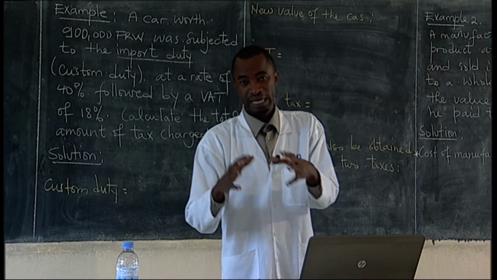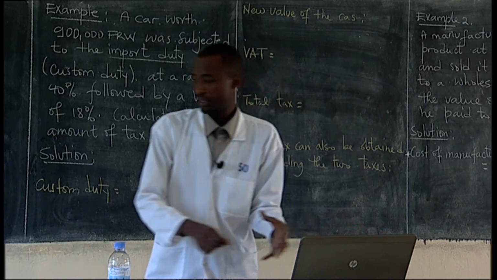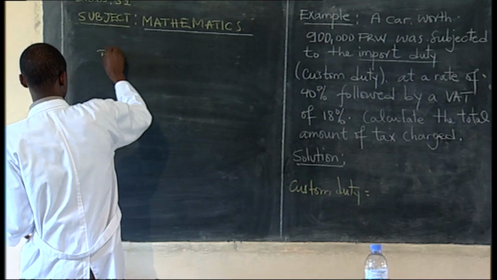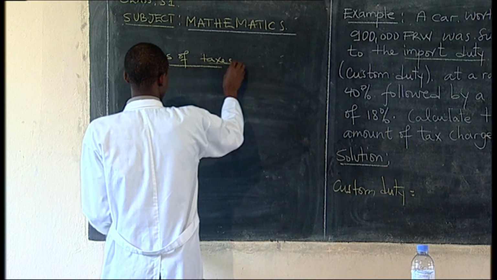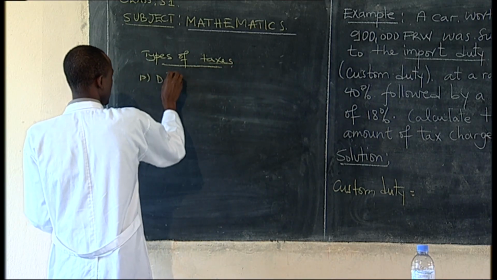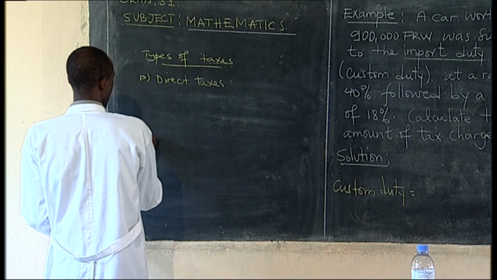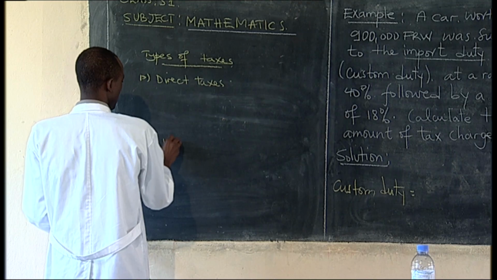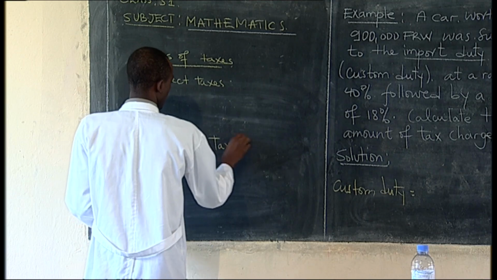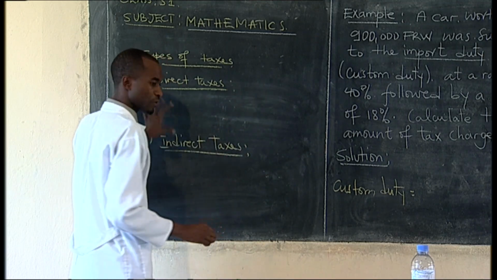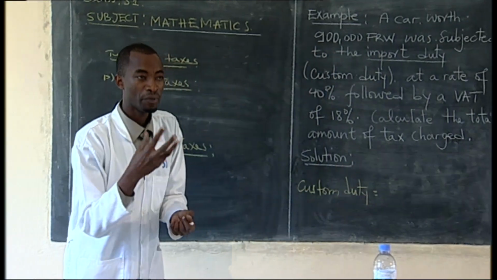We have what we call direct taxes, and we have what we call indirect taxes.